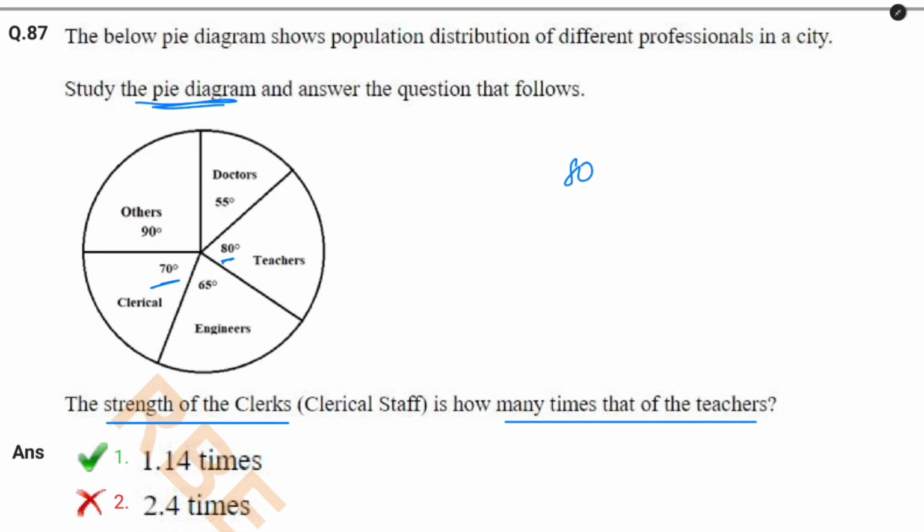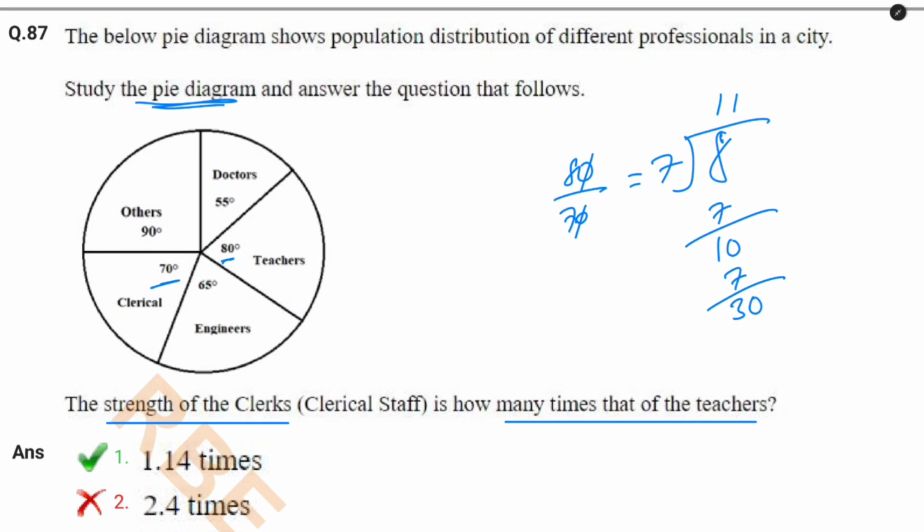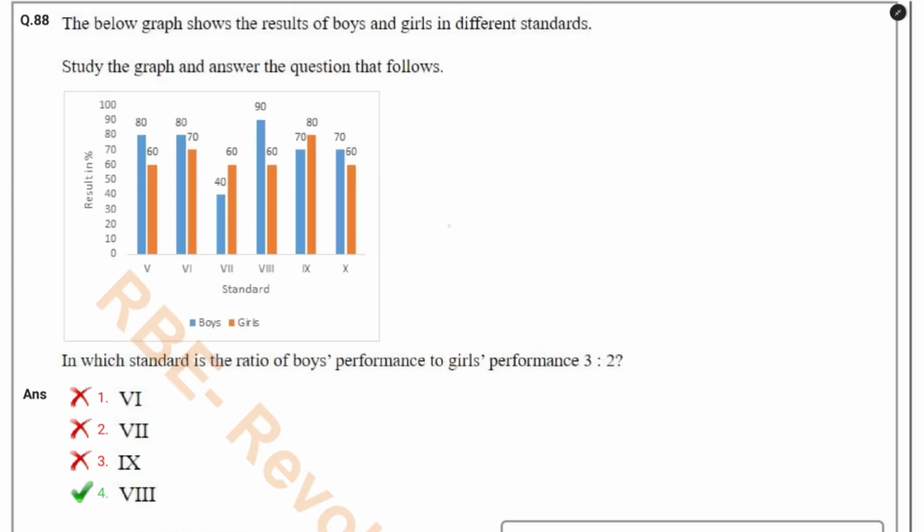So simply we have to do teachers divided by clerks. 0, 0 cancel. It will be 8 divided by 7. 1 time it will be 7, balance 10. Again 1 time it will be 7, balance 3. So here 0, 4 times, so here 28. So it will be 1.14 times.